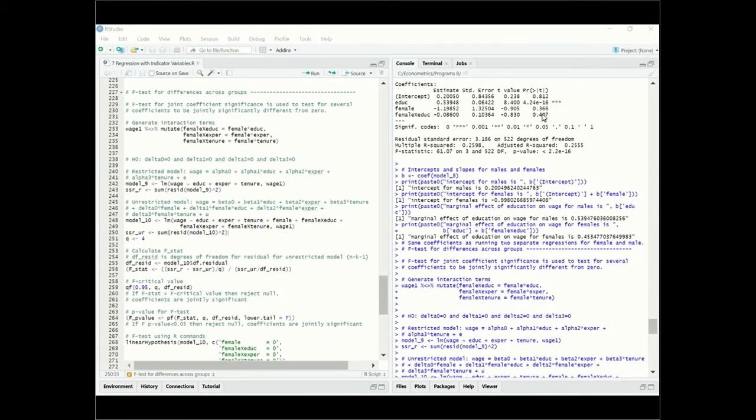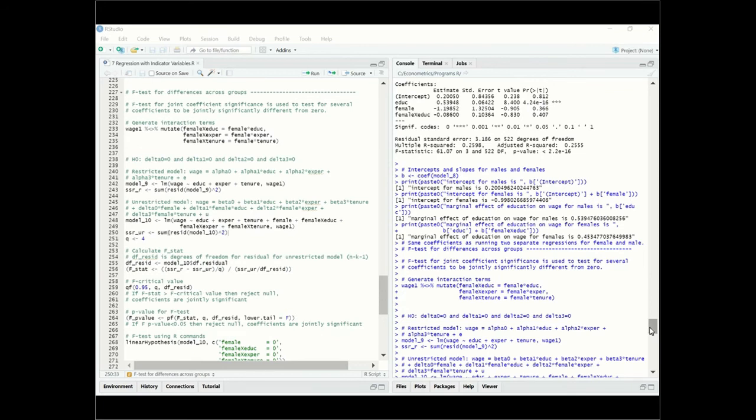So that's also a very important point to make here, that overall, our conclusion is that males and females have the same intercept and the same slope. So basically the same effect of education on wages.